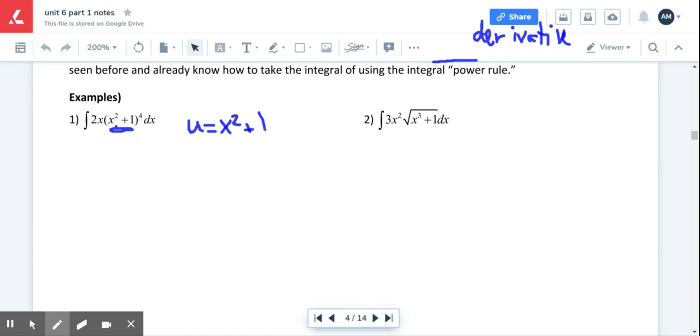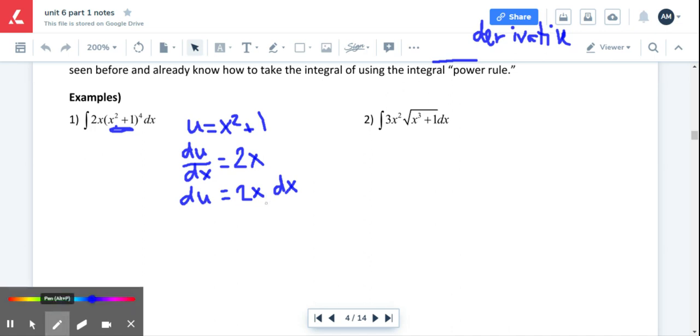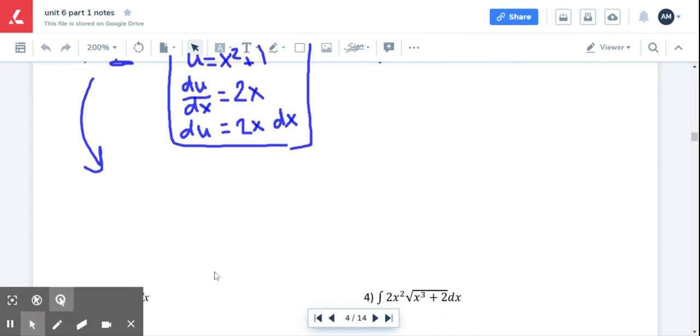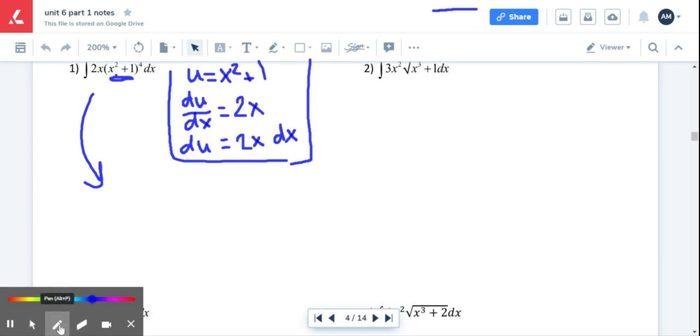Then I take the derivative of u with respect to x, and that equals 2x. Then I multiply by dx on both sides. This is what I will use to substitute. How about I rewrite this to make it a little clearer.